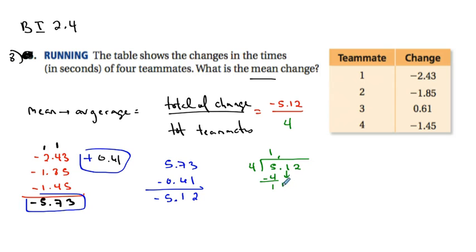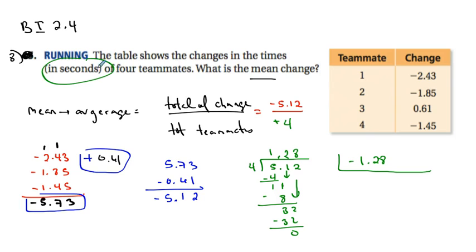Bring down my 1. 4 goes into 11 twice. 4 times 2 is 8. Subtract, you get 3. 4 goes into 32 8 times, and that'll be 0. So my average here is 1.28, and since I have a negative divided by a positive, the answer is going to be negative. So my change is negative 1.28 seconds.